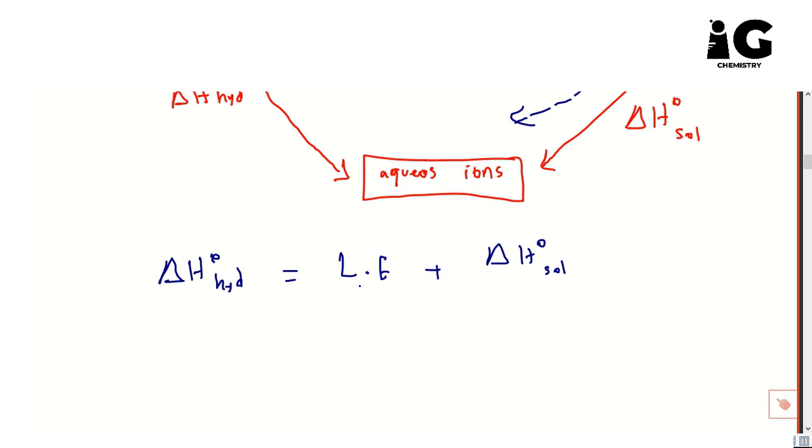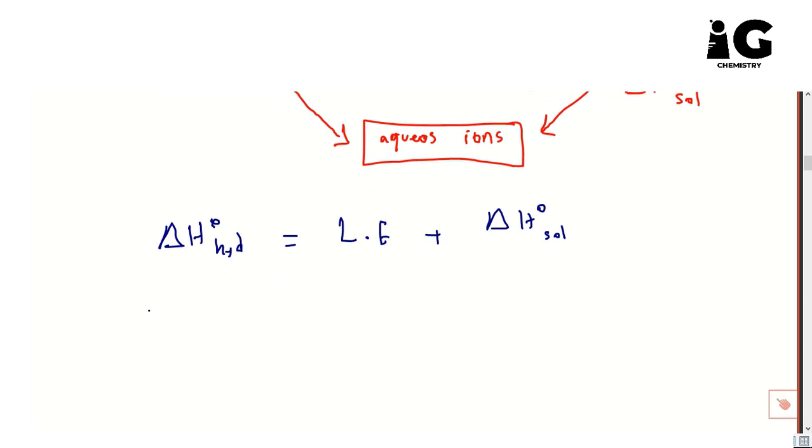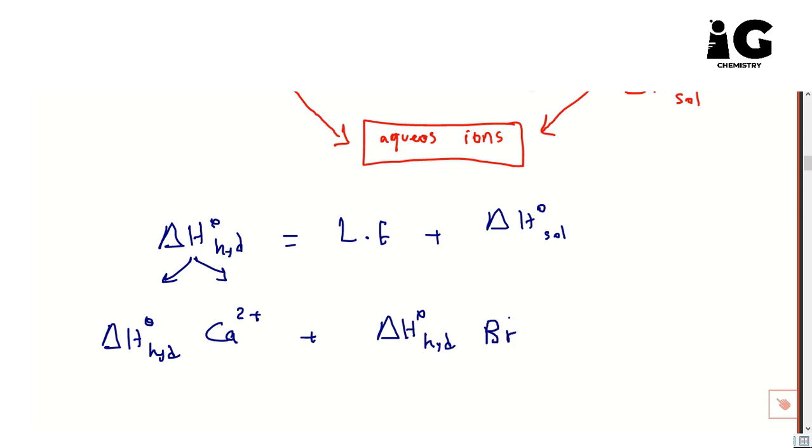Okay, and since hydration is for two ions, we can convert this into the standard enthalpy change of hydration for calcium plus the standard enthalpy change of hydration for bromide ion.